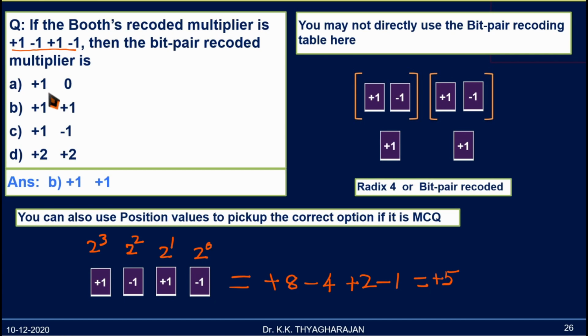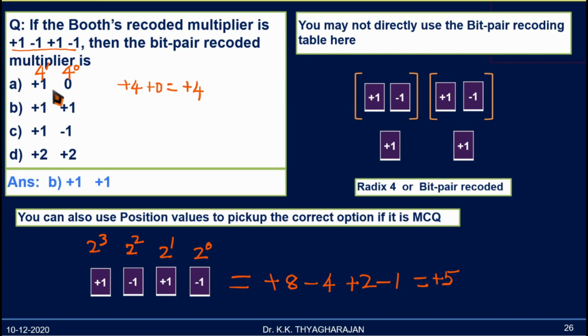Now you check the bit pair recoded options. In the case of bit pair recoded values, this has a place value of 4 power 0. This has a place value of 4 power 1. Now you solve this. This is 1 into 4, this is plus 4. This is 0. So you have plus 4.